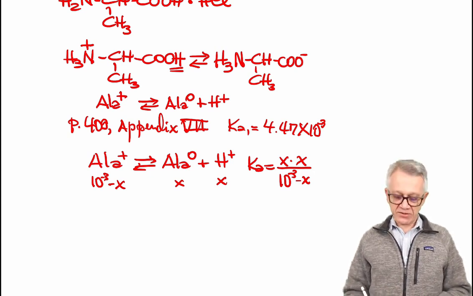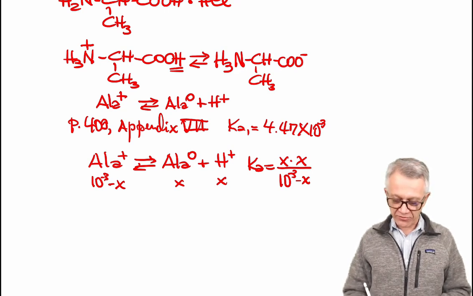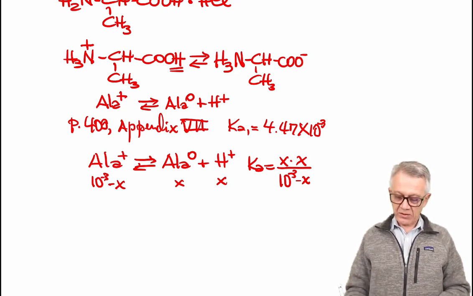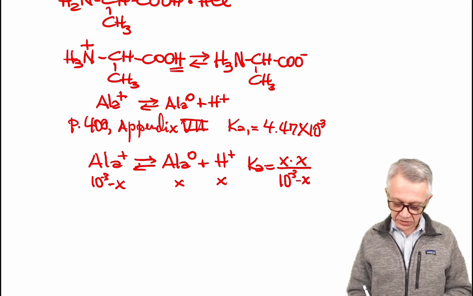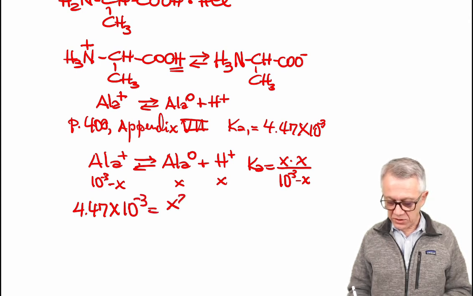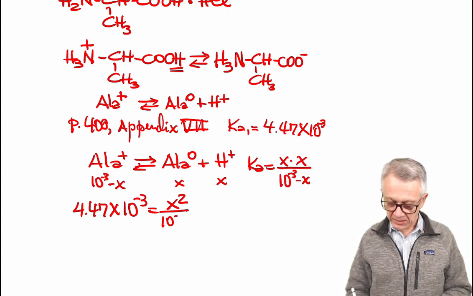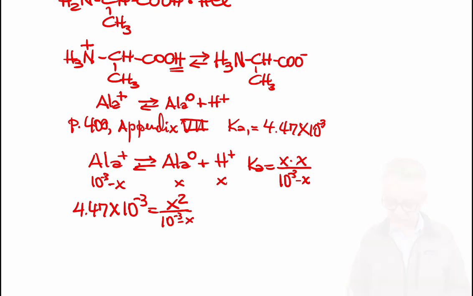Let's plug in the numbers and calculate. This is going to lead us to a quadratic equation. So Ka, 4.47 times 10 to the power of negative 3, equals x squared over 10 to the negative 3 minus x.